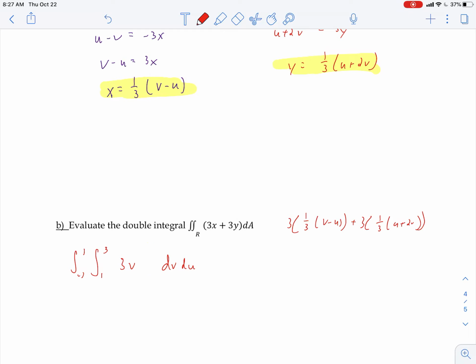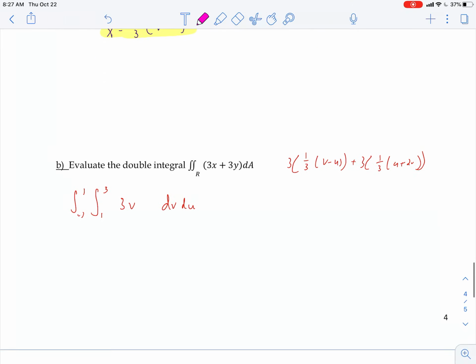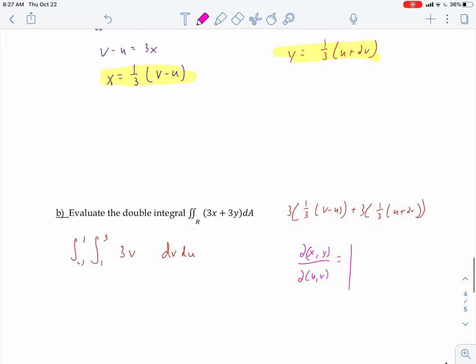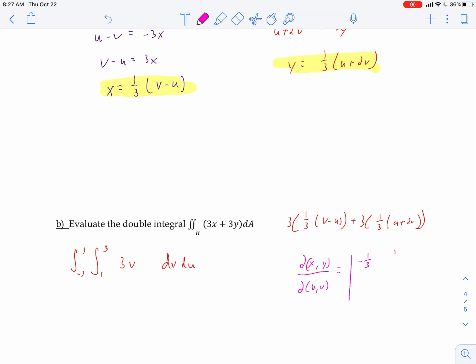So the Jacobian goes here. So let's find the Jacobian. So the Jacobian is going to be the partial of x, y over the partial of u, v. So it's just the determinant. The partial of x with respect to u first is -1/3. All right, and then the partial of x with respect to v is just going to be +1/3. The partial of y with respect to u is going to be 1/3.